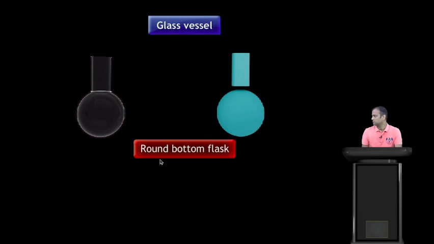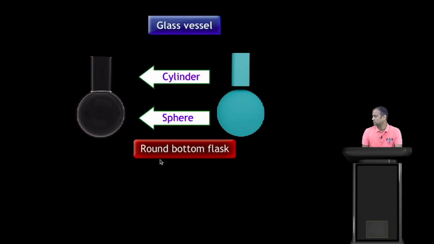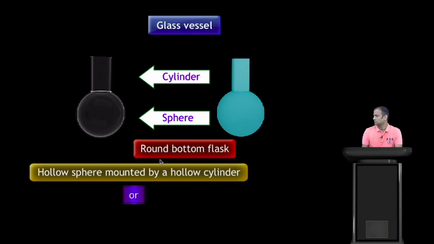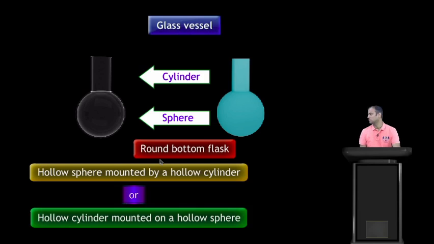So yes, this is the combination of a cylinder and a sphere. A hollow sphere mounted by a hollow cylinder. We can say this one is a hollow sphere mounted by a hollow cylinder, or in another term, a hollow cylinder mounted on a hollow sphere.